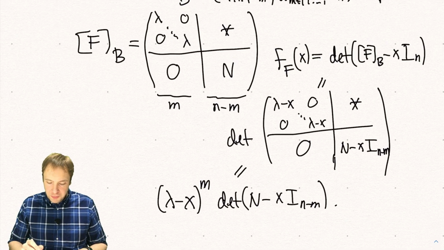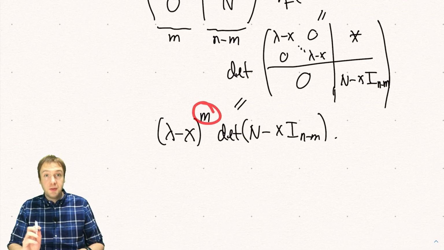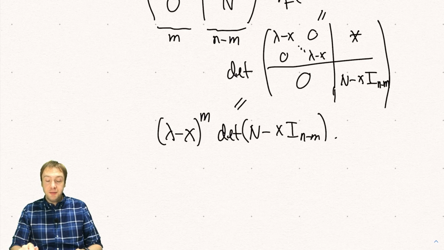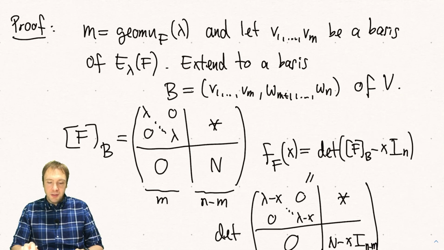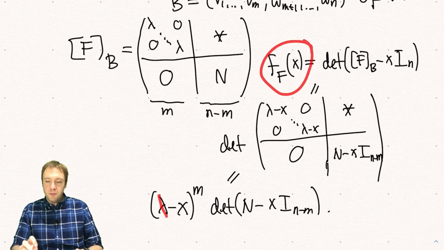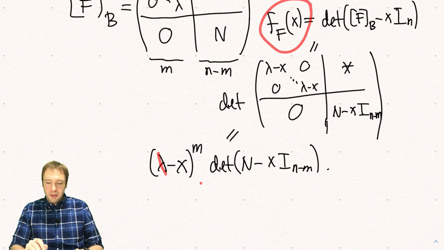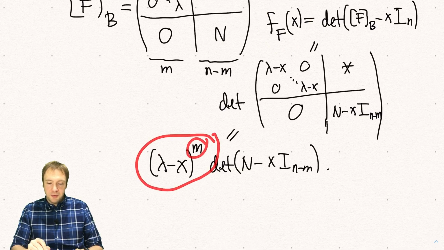And now, m was the dimension of the eigenspace of lambda, so it was the geometric multiplicity. But now we see that the multiplicity of lambda in this characteristic polynomial is greater or equal to m, because we already factored out this lambda minus x.